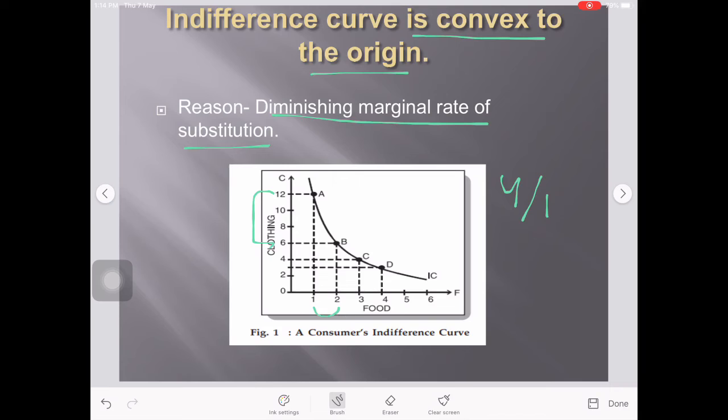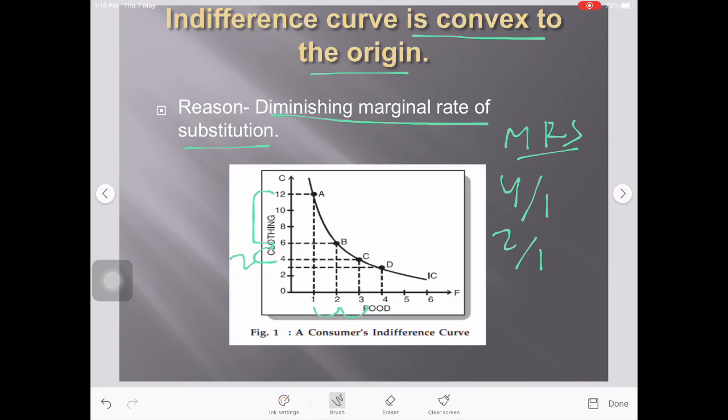So, the marginal rate of substitution is 4 by 1. When the consumption of food increases from 2 units to 3 units, consumption of cloth decreases from 6 units to 4 units. That means 2 units of cloth are sacrificed for an additional unit of food. So the MRS is 2 by 1, that is 2, and so on.